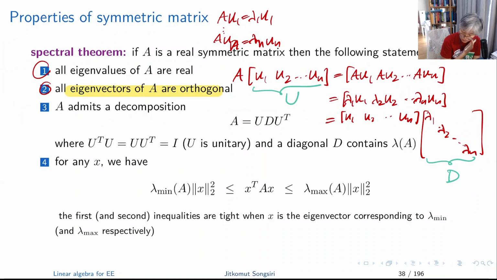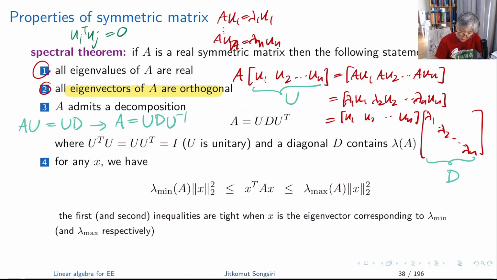Everyone should know from linear algebra that the eigenvalue decomposition of any A admits AU equals UD, or that A equals UDU inverse, for any A that can be diagonalized. However, when A is symmetric, we have the property that we're going to prove later that Ui transpose Uj is 0. All right.